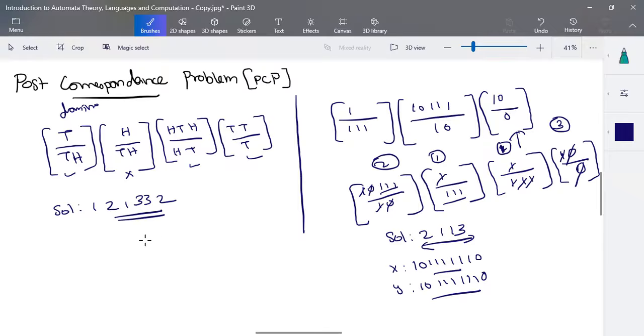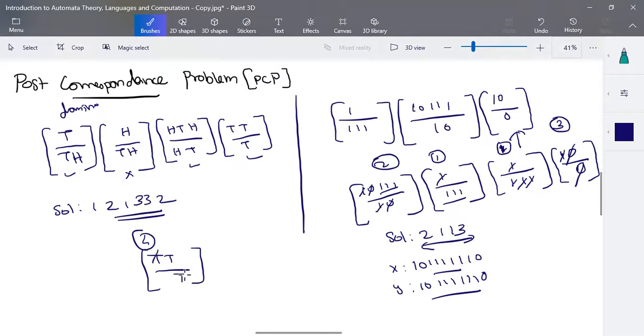Okay, or I can even have this arrangement, where you can have this TT, HH matches or some other possible match. Over here, if I start with domino 4, my fourth domino is TTT.